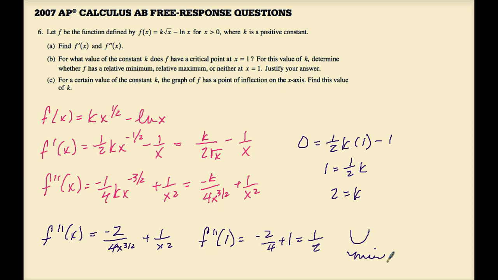Letter C. For a certain value of the constant k, the graph of f has a point of inflection on the x-axis. Find this value of k. A point of inflection has a value of 0 in the second derivative.